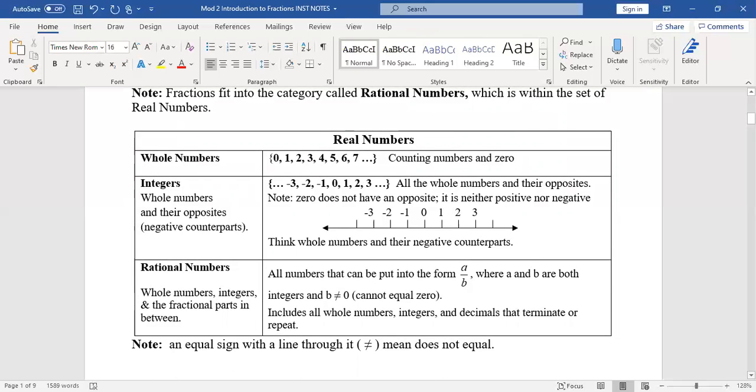This includes all of the whole numbers and integers because any whole number or integer can be made into a fraction by simply putting it over 1.